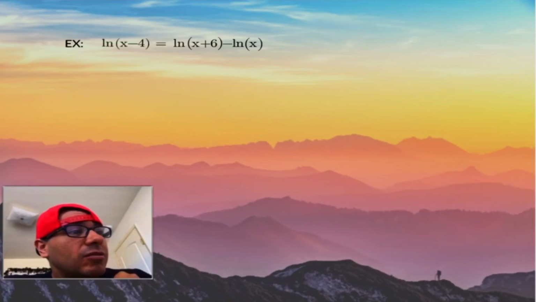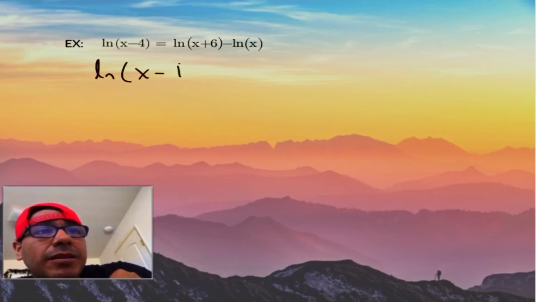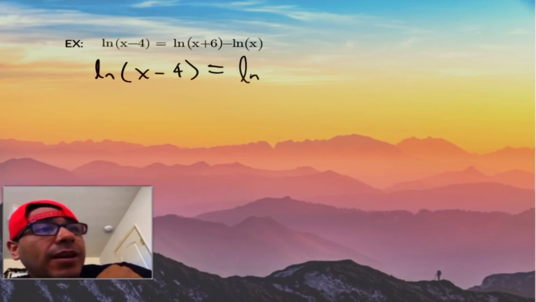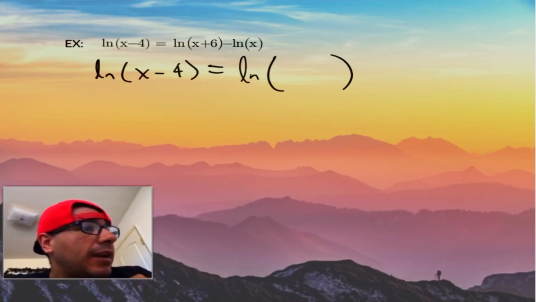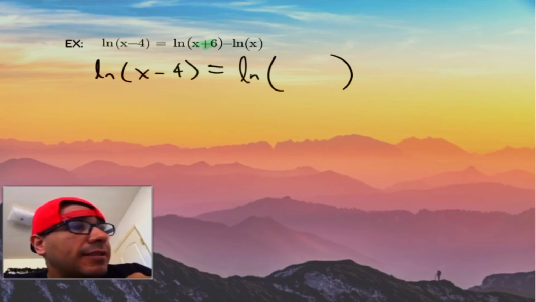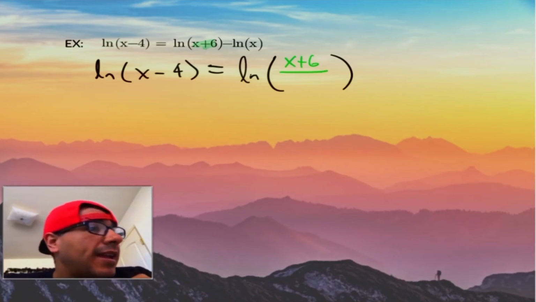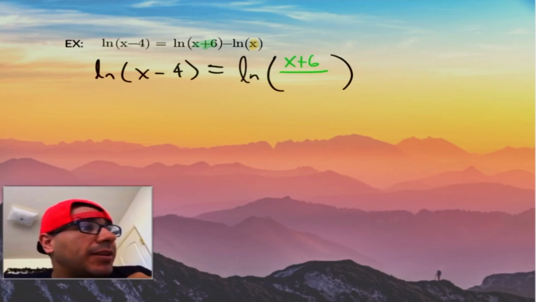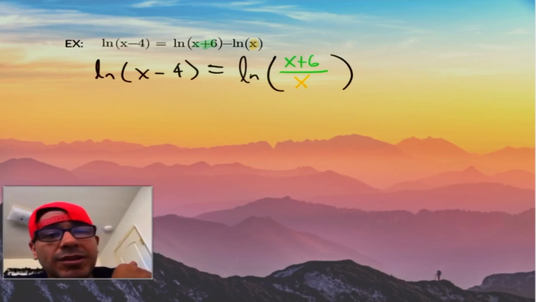So let's rewrite this. What we really have is a natural log of x minus 4, and we're going to use the quotient property of natural logs. What that says is you take that first argument, the x plus 6, and that goes in our numerator. And in our denominator, we take that second argument, so that x goes in the denominator.